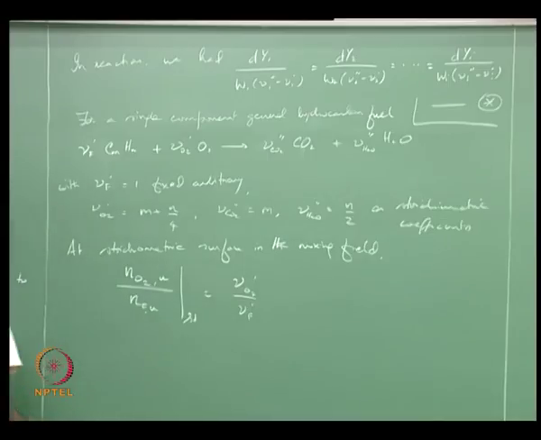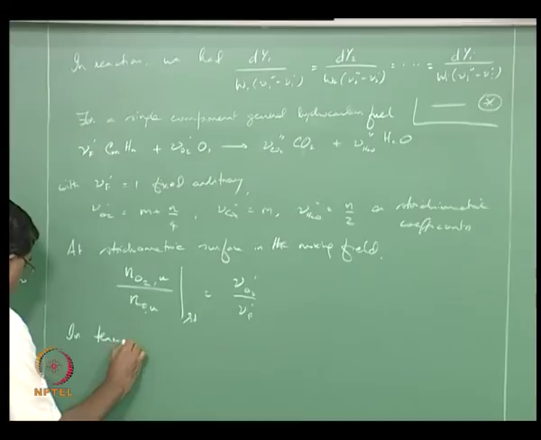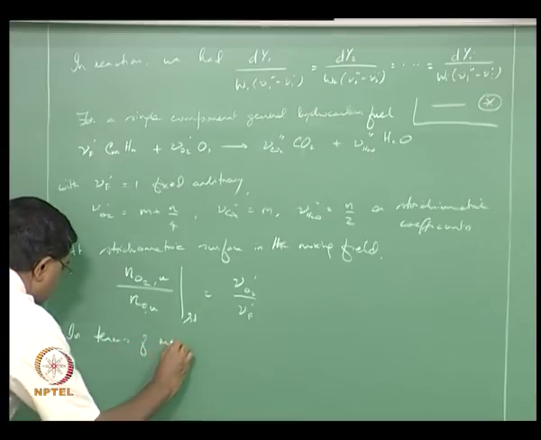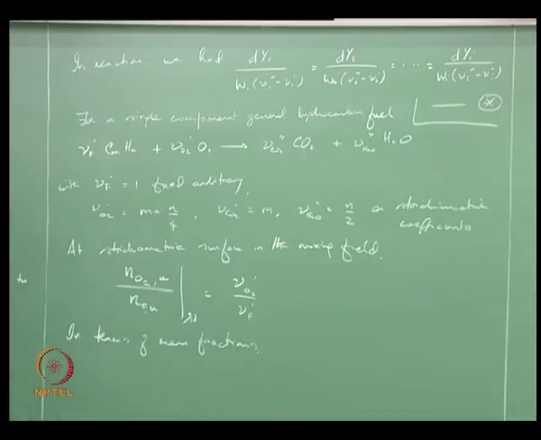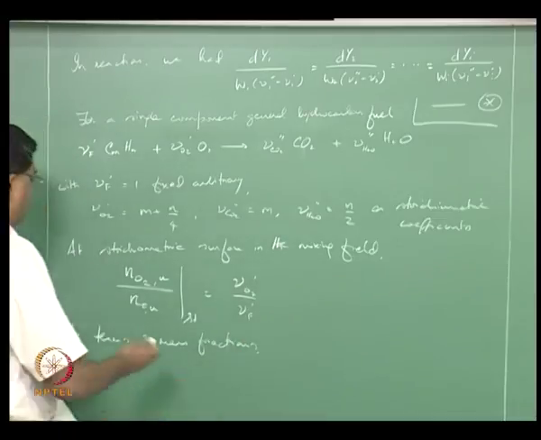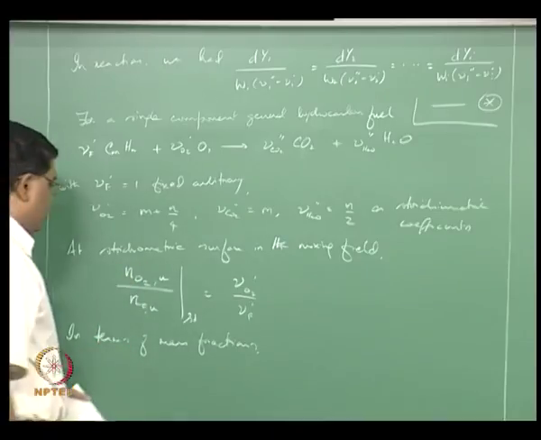So this is in terms of moles, not mole fractions, I'm sorry, but of course you can divide by the total number of moles and get the mole fractions as well.